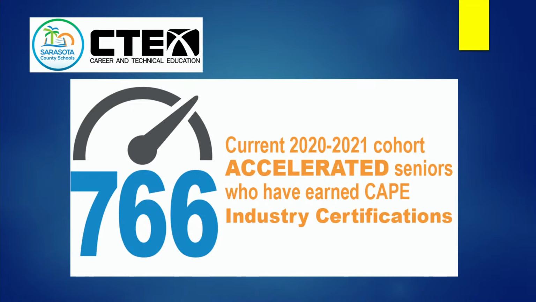Currently, there's 766 of those students in the senior cohort that have earned acceleration through industry certification. Now, many of those students have earned it also in another way through IB or AP, but 766 students had earned an industry certification and have gotten acceleration through industry certs.